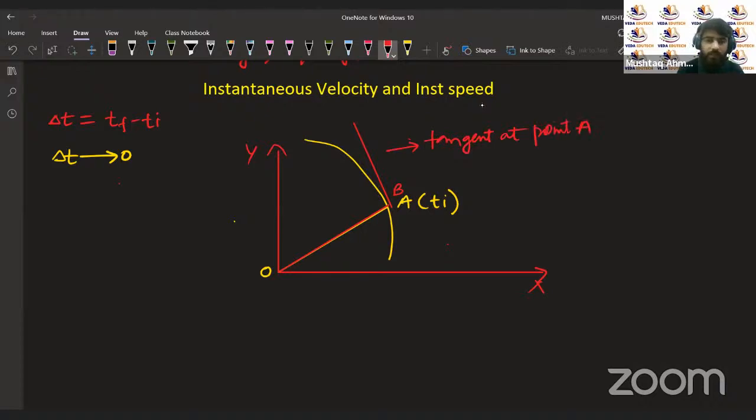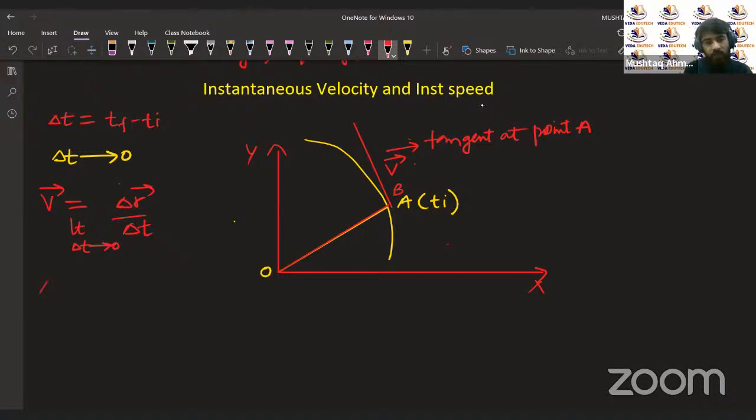Let's suppose at this point A, the particle is moving with a velocity v. In this case, our velocity is defined as delta r upon delta t. But here our delta t is tending to 0, so the change in position vector will be very small.